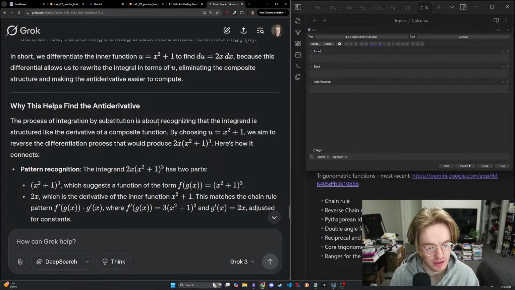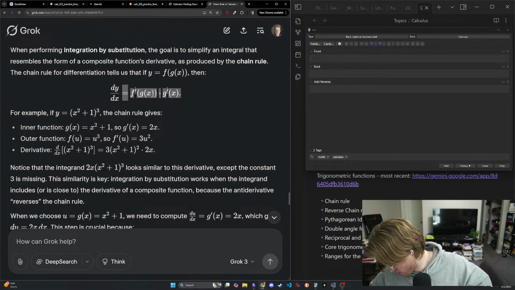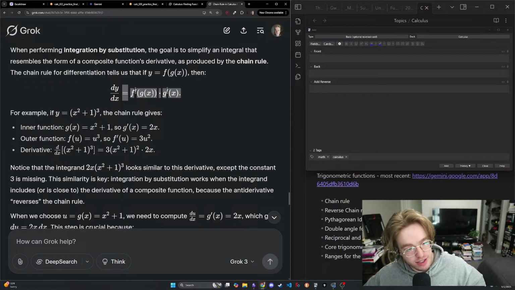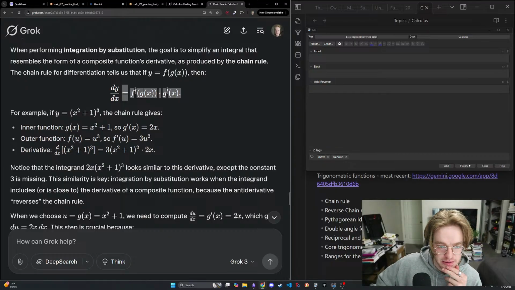And so I understand that when we've used the chain rule for a composite function, it results in this form, f prime of g of x times g prime of x, and this is the resulting antiderivative that we found through use of the chain rule.